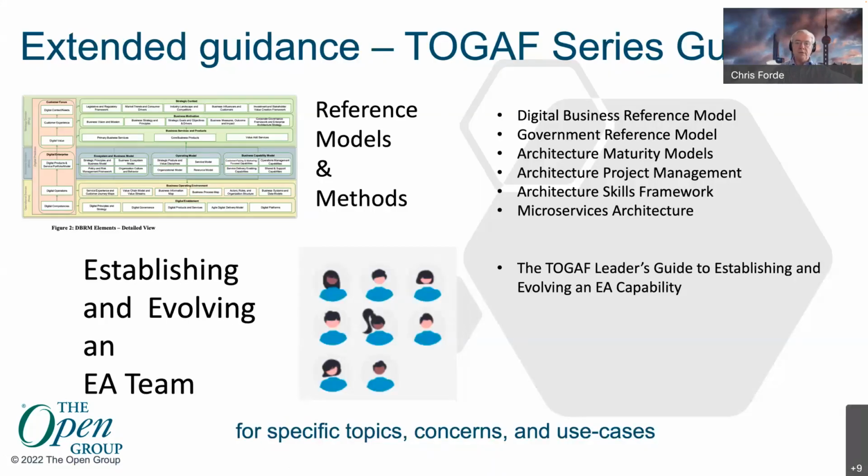Let me get back up here. There's a leader's guide that deals with how to establish and evolve an EA capability in the context of your organization. And by organization, I mean your enterprise, right? It's a very, very valuable document. Of course, I'm going to say that about all the stuff, but there's truth in those words. Okay.